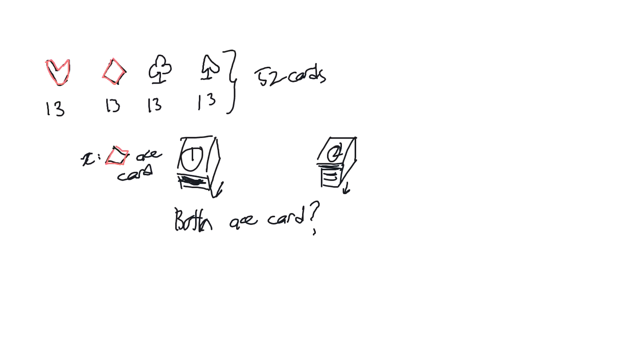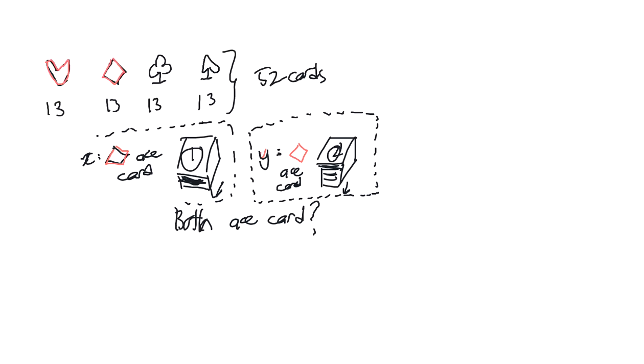So event X is pull out a diamond ace card, and event Y, also let's use black, also a diamond ace card, okay, from set number 2, and X is from set number 1.